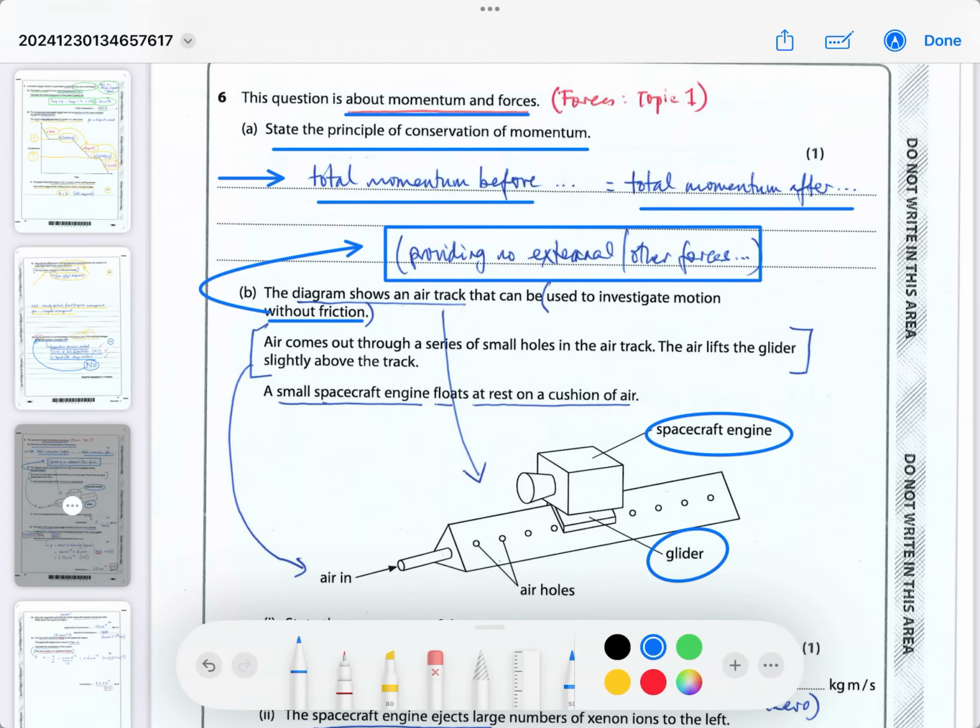So in this case, the model for a spacecraft engine is floating at rest, meaning not moving sideways, on a cushion of air. So it's stationary, and the cushion of air is balancing its weight. So it's just sitting there and not grinding along the air track. The air tracks are usually made of aluminium. Okay, so that's the scenario.